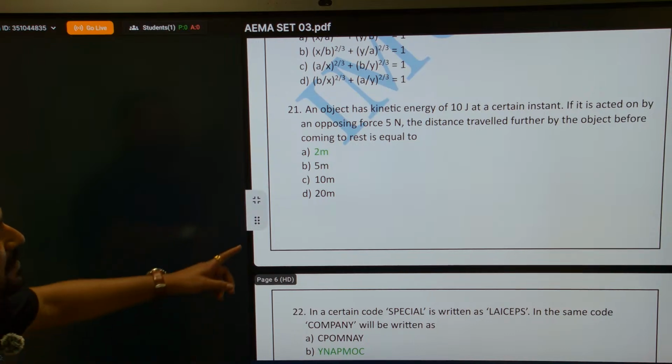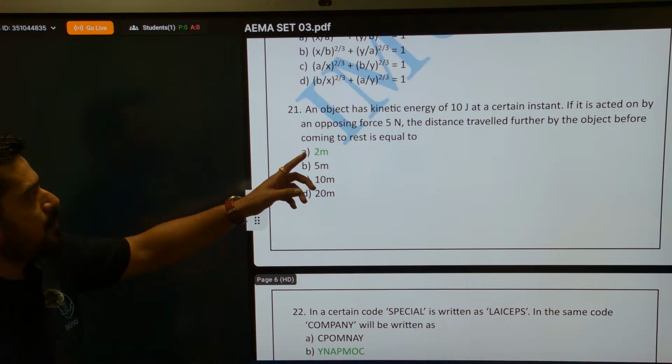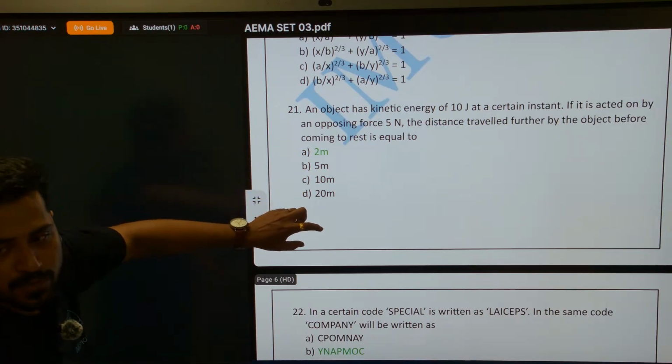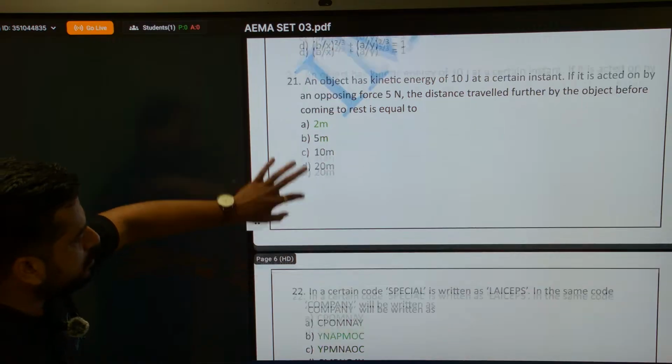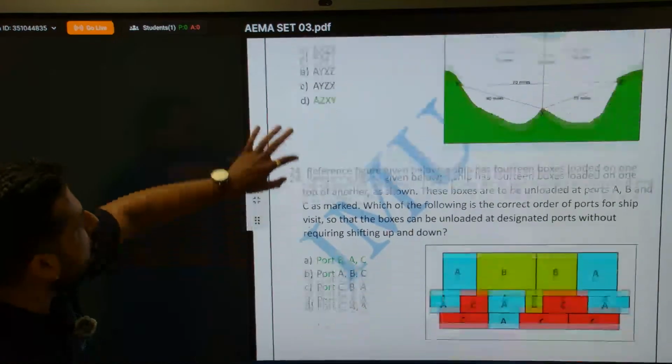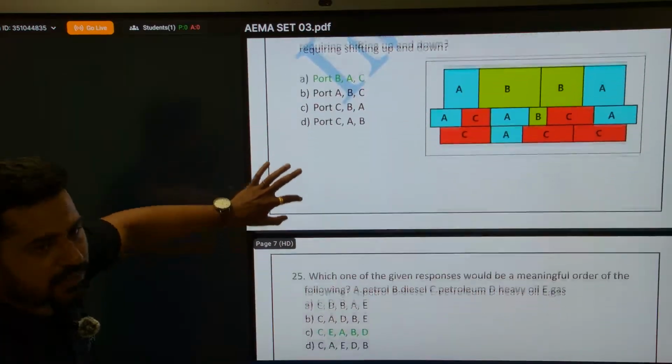Okay, so it is very easy, it is force into velocity. The work done means force into velocity. If you use that equation and multiply, you will get the velocity, and then you have to apply v square equals u square minus 2as. So you will get the answer.